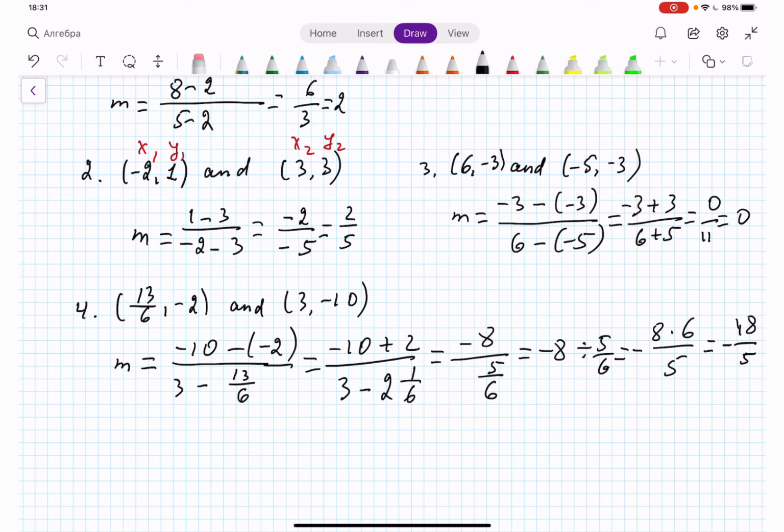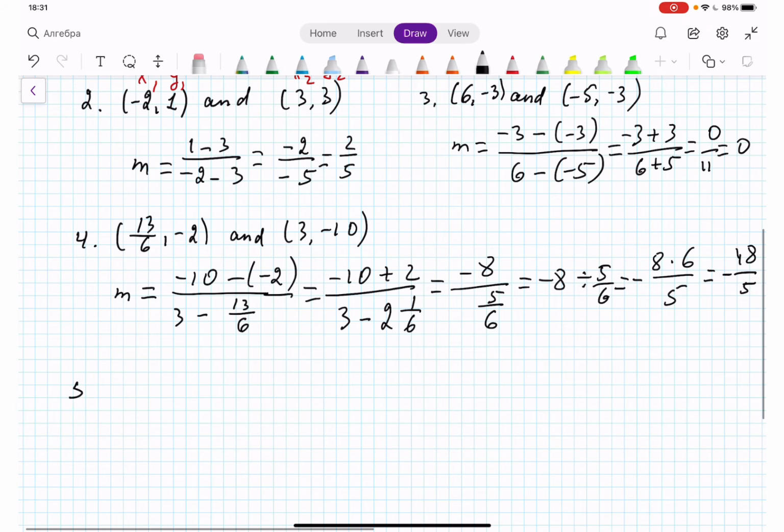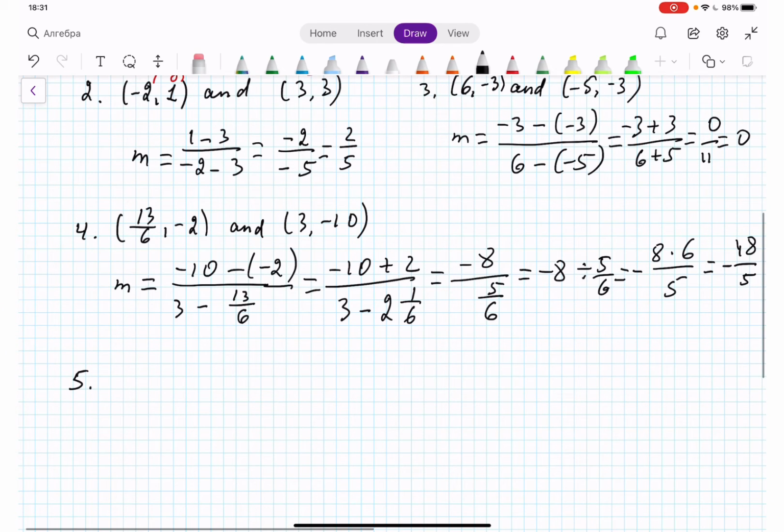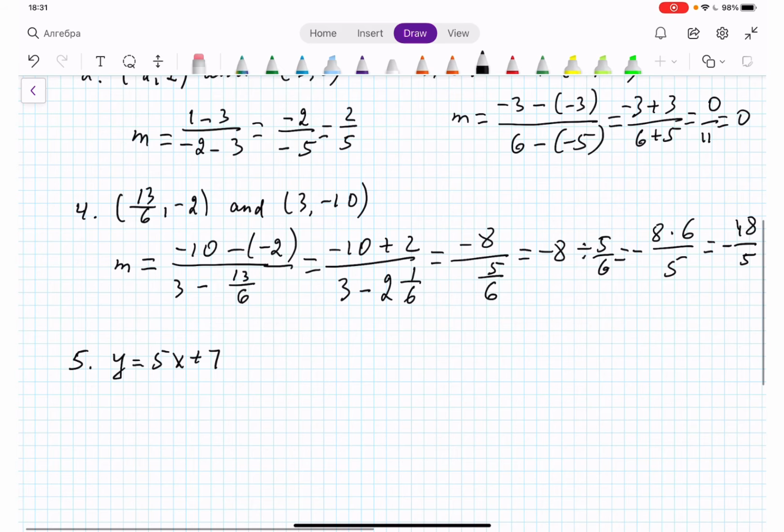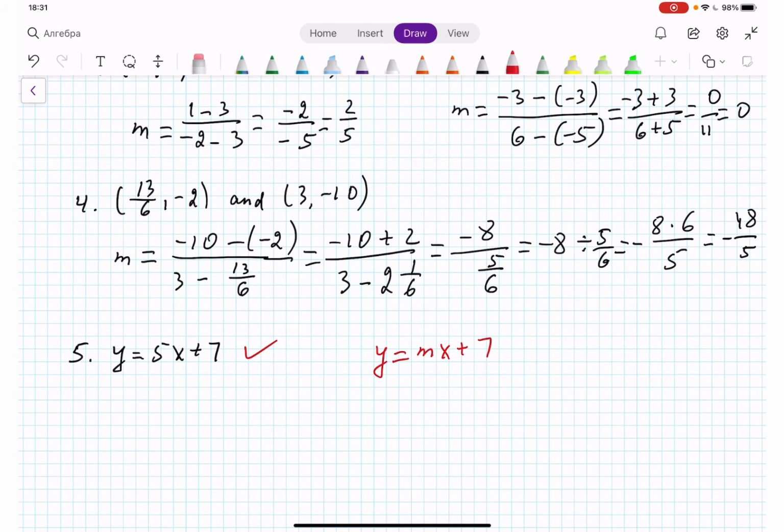Question number 5. y is equal 5x plus 7. We have to find the slope. For the equations of the form y is equal mx plus b, just like this one we have here, slope is m. So in this case, our slope is going to be equal 5.